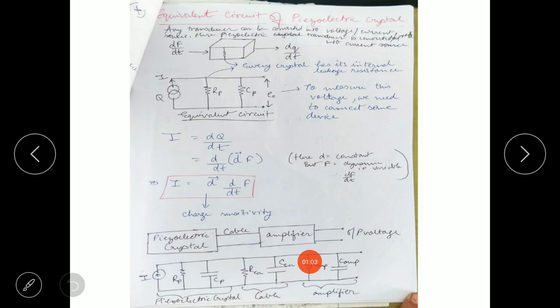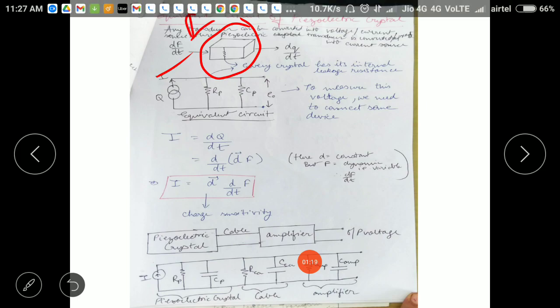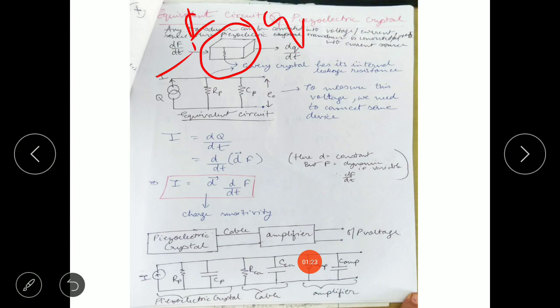And as I've told you, this piezoelectric transducer is used for measuring dynamic force or dynamic stress or dynamic pressure, meaning the force that is varying with time, and it gives the output charge. If you apply force, then charge will get generated across the surface of the piezoelectric crystal.